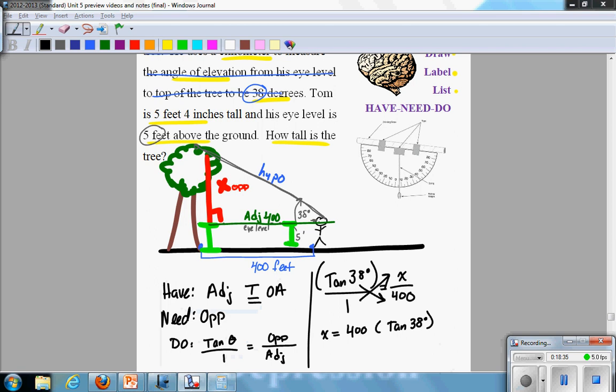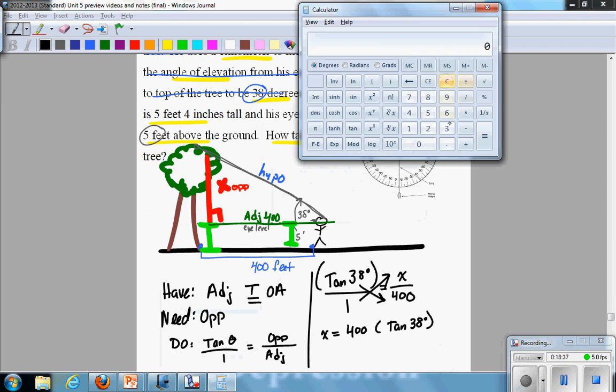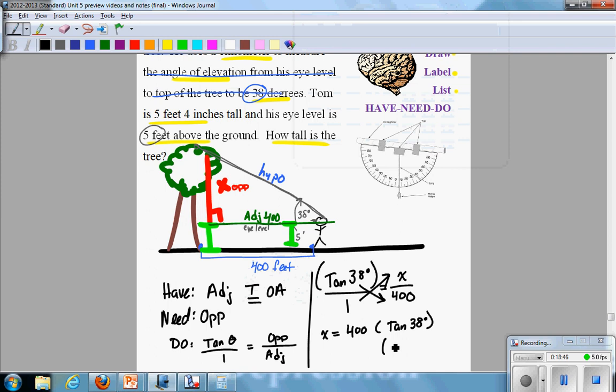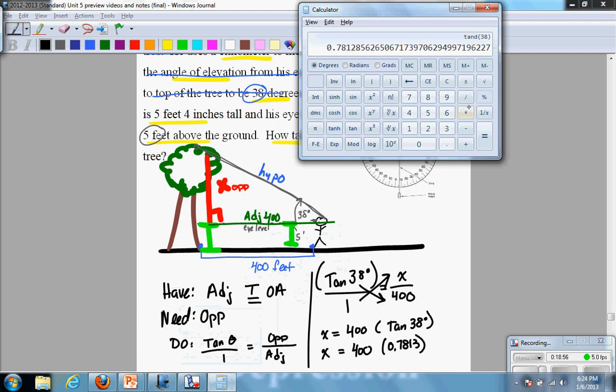All right, so we're going to find the tangent of 38 degrees here. So we do 38 tangent. We get 0.7813. 0.7813 times 400 is going to equal our x, which is our opposite. So I take that and times by 400, and I get 312.5.